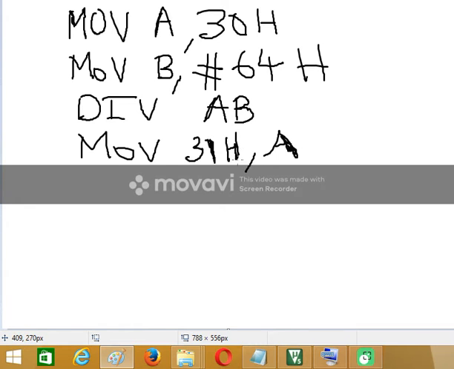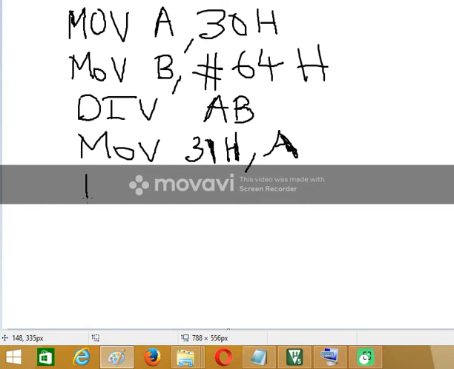So this is done. Now your remainder is in B. You have to separate it by dividing by the hex equivalent of 10. Then the quotient will be the tens place and the remainder will be the units place, and then you have to pack them.